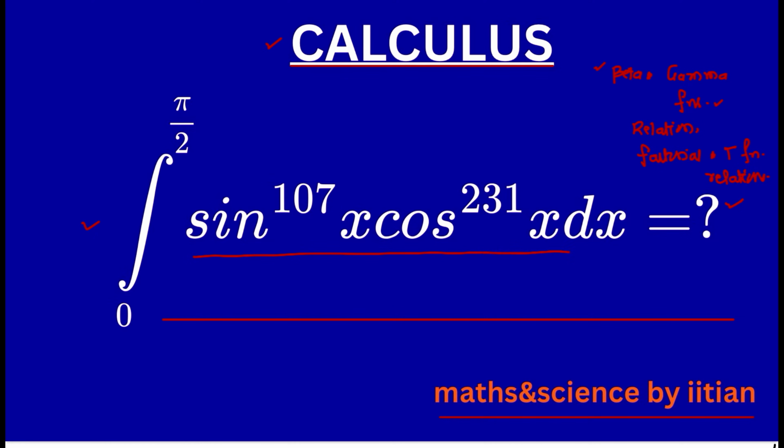This is the function of x. We have to find out between the limits x equal to 0 to x equal to pi by 2 the integral of the function of x dx.